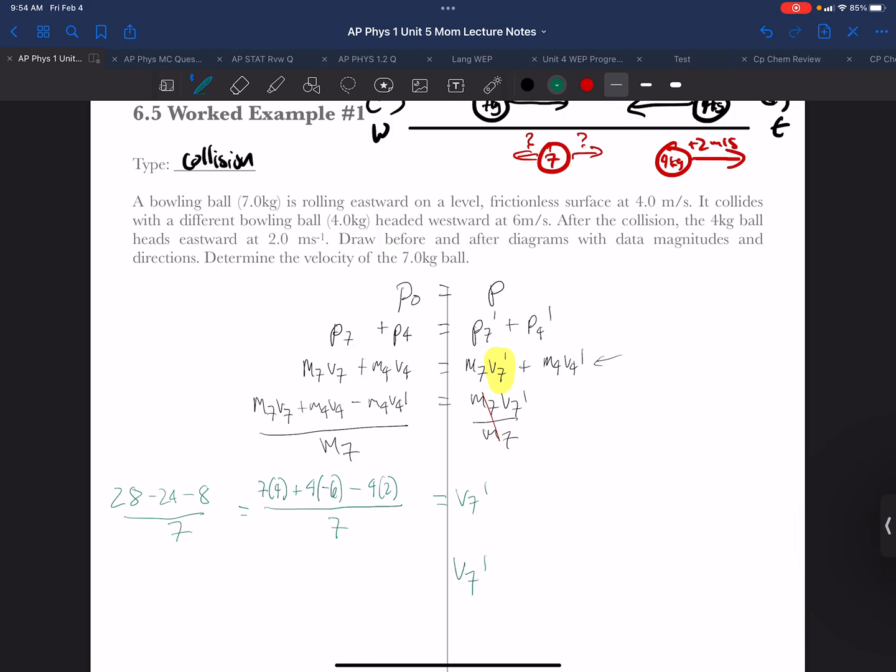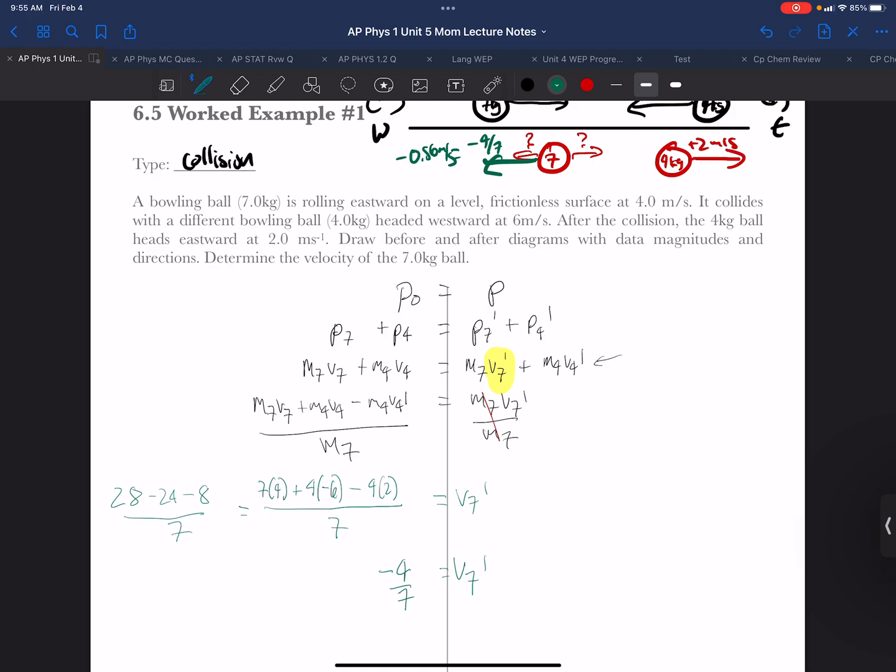So V7 prime then ends up being minus 32 over 28, which is minus 4/7. So we end up with the calculation telling us that the velocity is minus 4/7, which is about minus 0.56 meters per second, I believe.